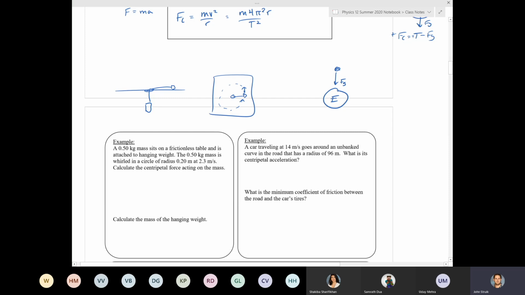Usually things that have FG fall towards the Earth. Why is it not falling towards the Earth? The answer is because the moon is actually going that way. Okay, so it's moving at a tangent to the Earth. So instead of the FG causing a falling force, it's causing a centripetal force. And so it's causing the circular motion of the moon.